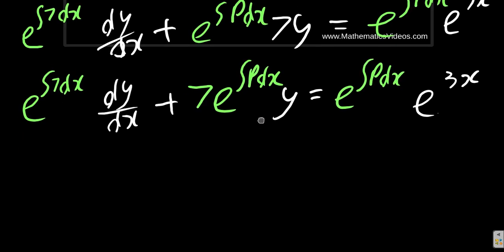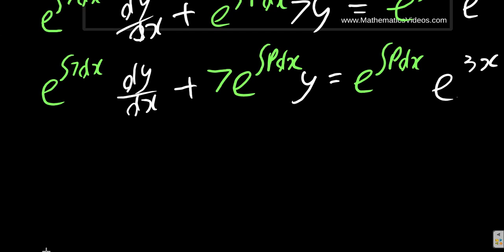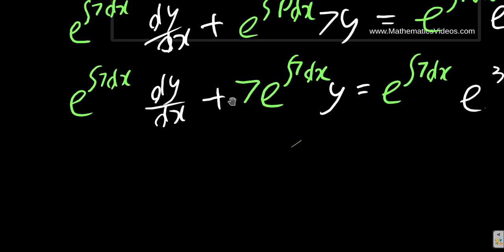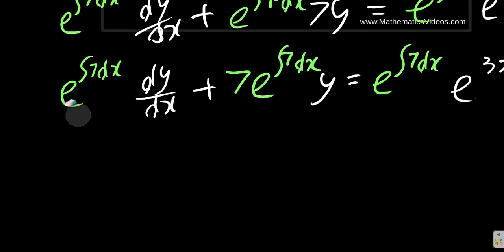I wrote p up here, it should be 7, and I did the same thing elsewhere too.